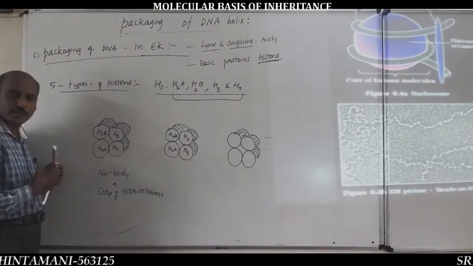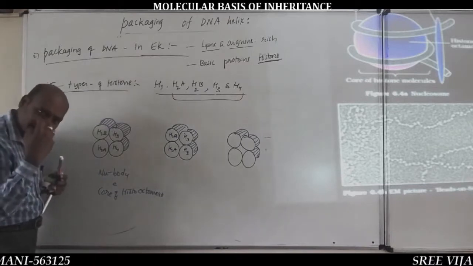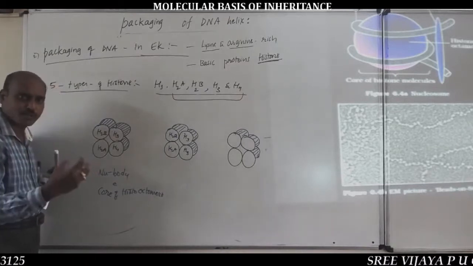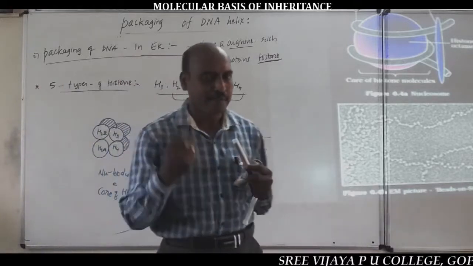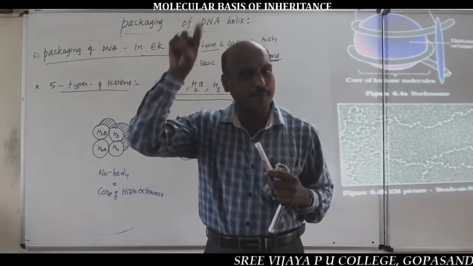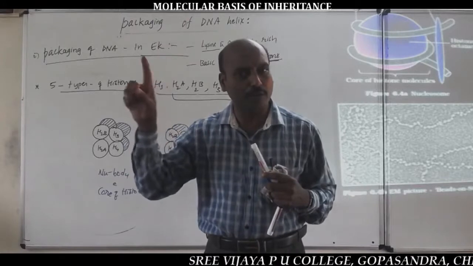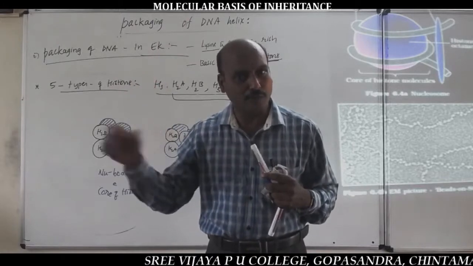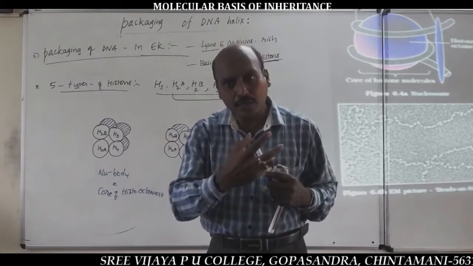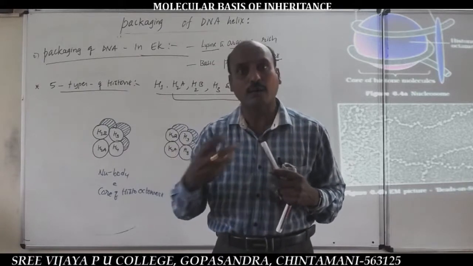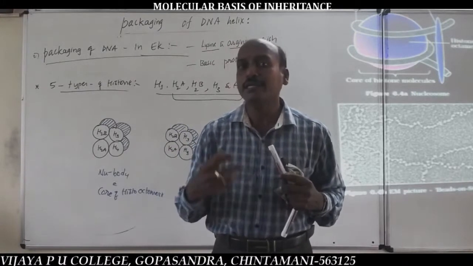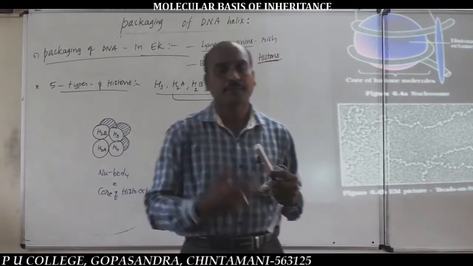Very important. Such positively charged ends attract negatively charged DNA, because DNA is a negatively charged particle due to the presence of orthophosphoric acid, the phosphate group. So here the positively charged ends of the histone octamer attract the negatively charged DNA.